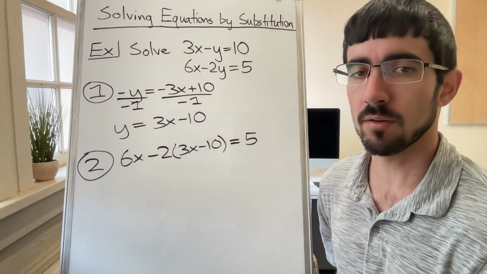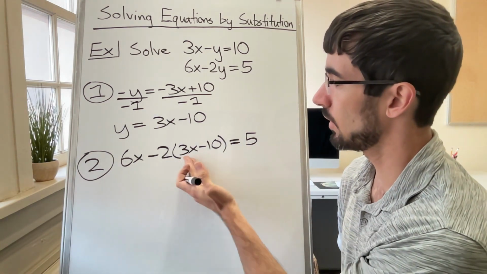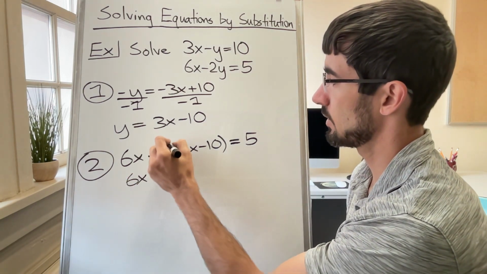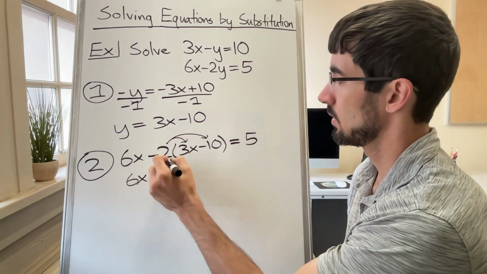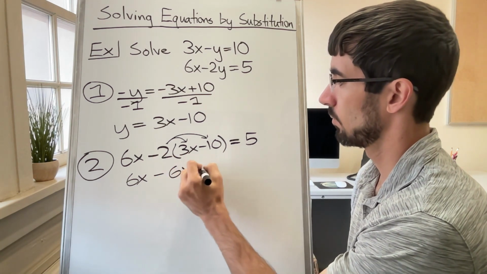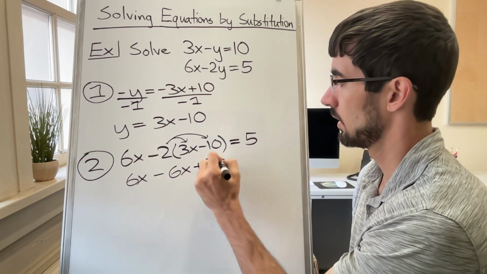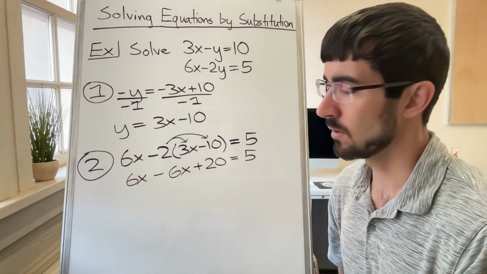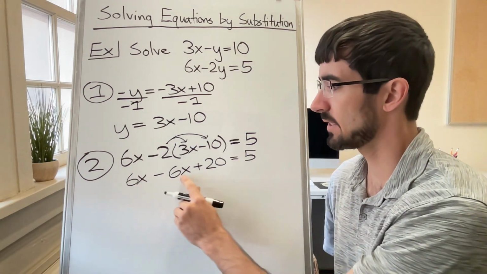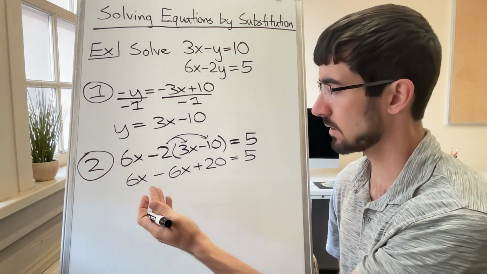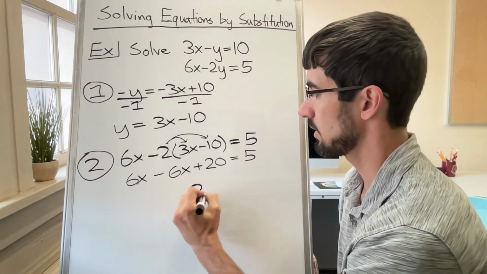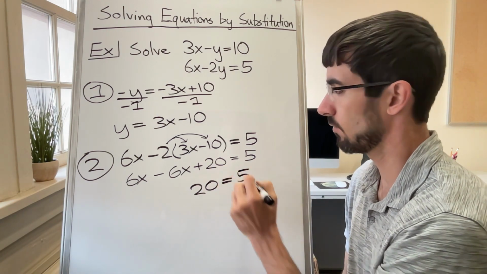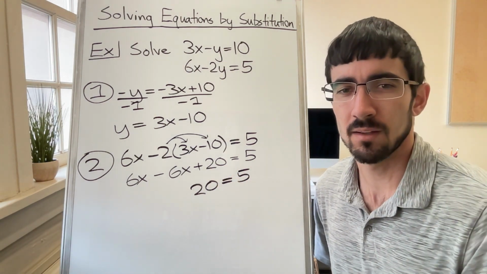Then we solve this equation for the single variable, which is now x. 6x minus, let's distribute this term, so minus 6x plus 20 equals 5. Something strange is going on here. I have 6x minus 6x, so that's 0. This equation simplifies to 20 on the left side and 5 on the right side.